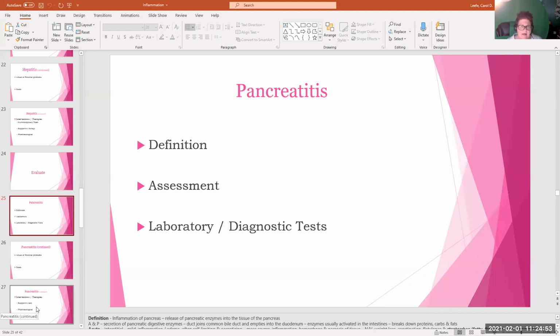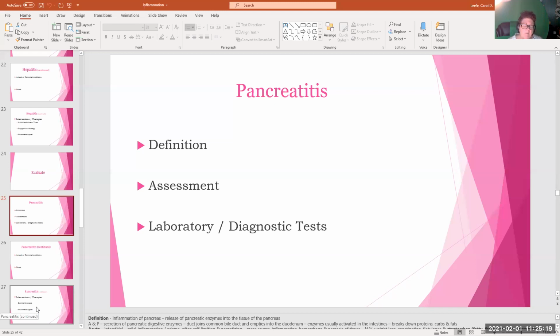Like I said, chronic, they're going to have recurrent episodes of acute exacerbations as well as just chronic. They're going to have weight loss, so you're going to be weighing them daily. They're going to have signs of malabsorption, malnutrition, and possible peptic ulcer disease.